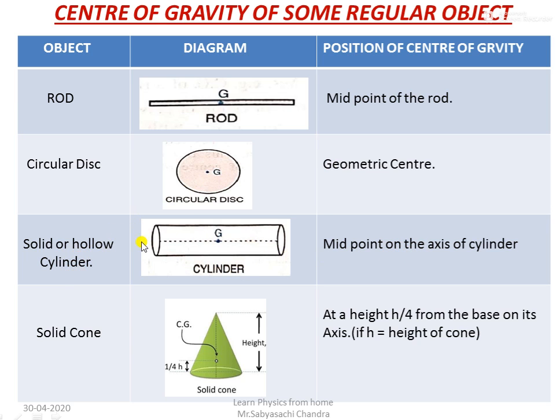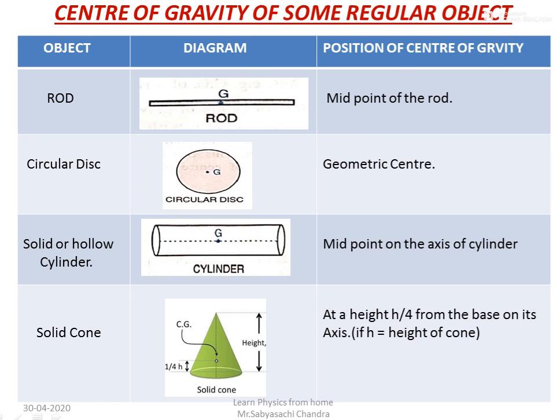In the case of a solid cone, it's very different and very important, because the center of gravity for a solid cone and a hollow cone is different. For a solid cone, the center of gravity is 1/4 of the height of the axis from the base.